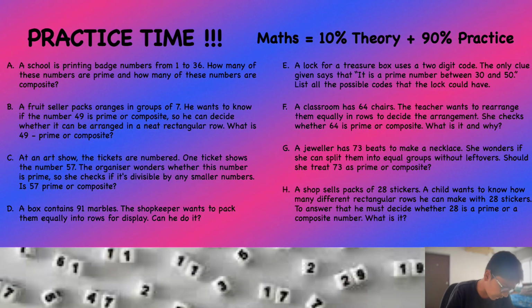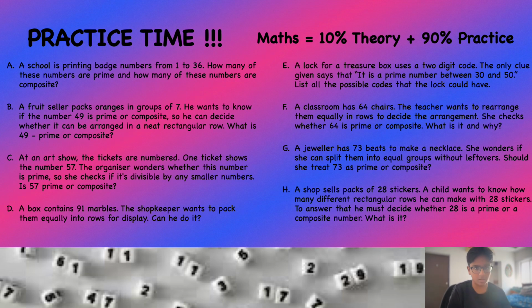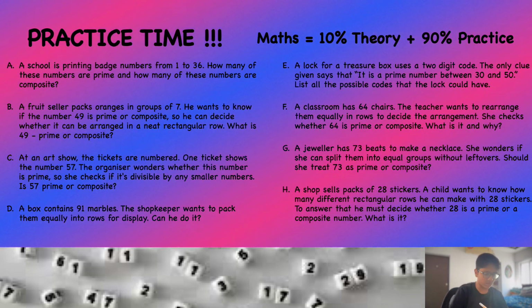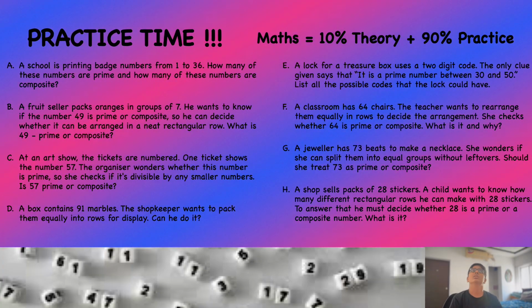So 1, 2, 3, 4, 5, 6, 7, 8, 9, 10, 11, 12. So we have 12 prime numbers. And then if we count the rest of them other than 1, we will have 35 minus 12. 35 minus 12 is 23. So 23 composite numbers and 12 prime numbers.